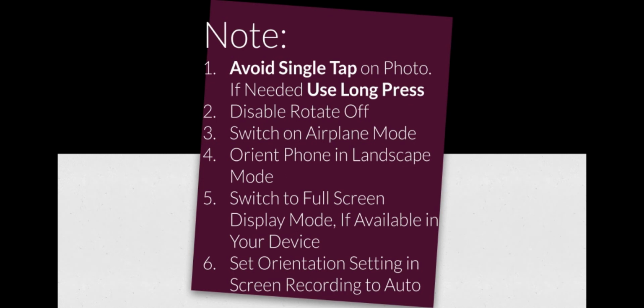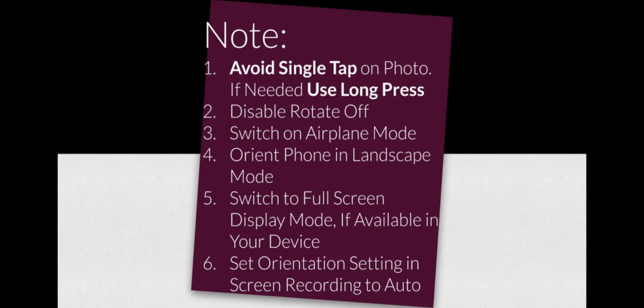So these are a few things you have to keep in mind. What are the items? You can make your display full screen, airplane mode you may switch on, rotate off, you may disable. Then in the settings for the screen recorder, the orientation should be auto.